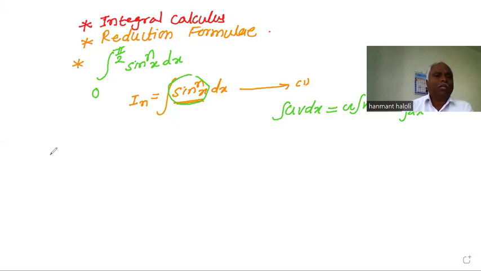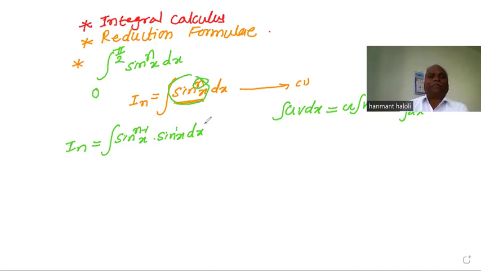Now for this present example, I n can be written as the integral of sine raised to n minus 1 x into sine x dx. Here I split sine raised to n into two terms: one is sine raised to n minus 1, and one is sine x dx.